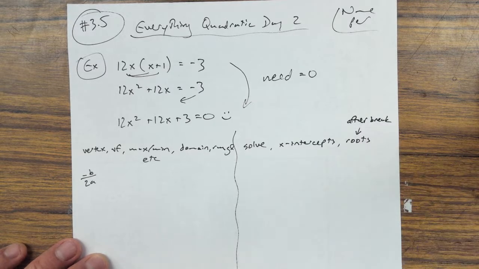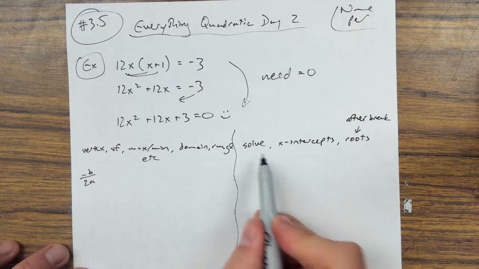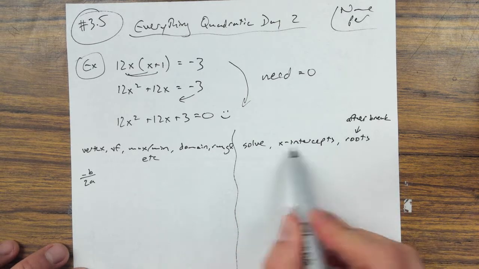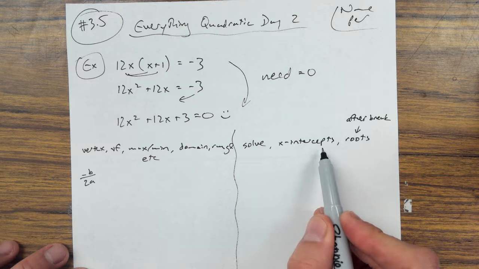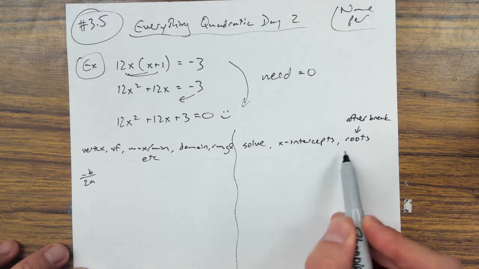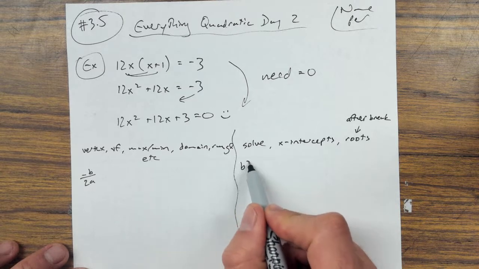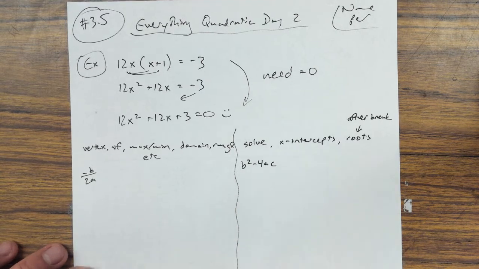We're going to start talking about the roots. But not on the test this week, I'm just giving you something for the future. If you need to find these 3 things, actually all 3 of these things are telling you to find the same thing, so it's really telling you to find one thing. Do not use -b over 2a. Use the other formula, b squared minus 4ac.